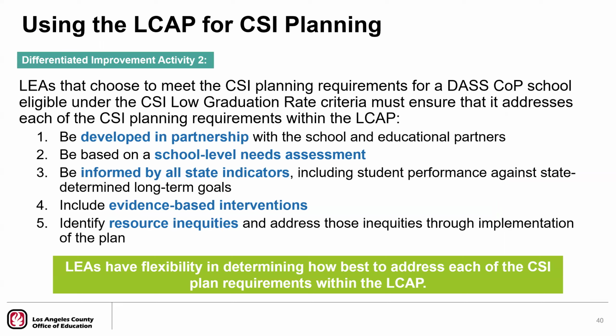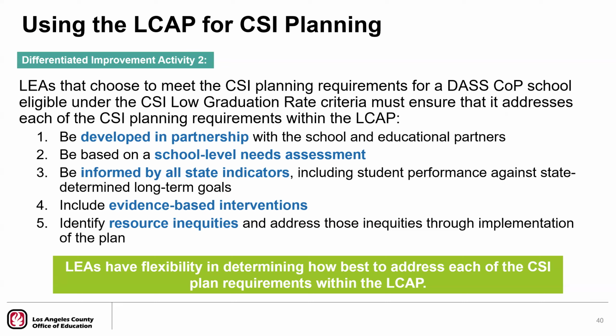So as mentioned, differentiated improvement activity number 2 allows any LEA with a DOS COP school identified under CSI low graduation rate the option to use the LCAP to meet the CSI planning requirements. For LEAs that choose this option, as mentioned, a separate CSI plan is not required for the school.